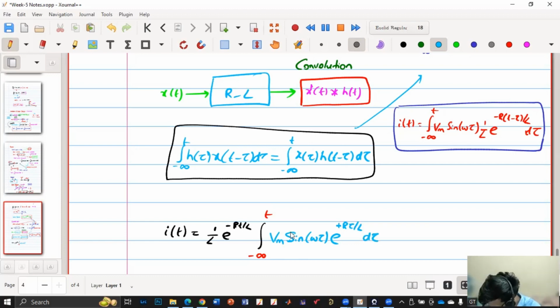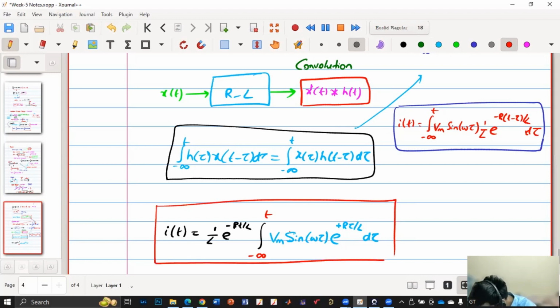So this will be the modified expression after bringing the t term outside because the integration variable is tau.